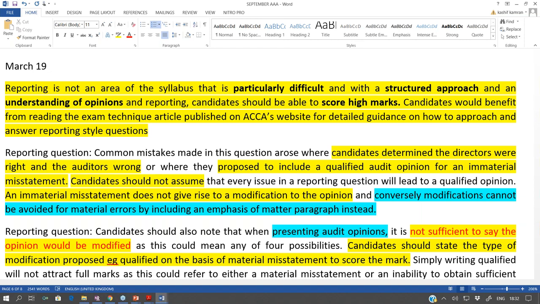You're spoiling your answer. What you read on the screen, who is the author of this? The examining team, right? So do you trust your examining team? Do you trust what the examining team is saying? So will you hold them as valid for your exam paper and for your exam hall?